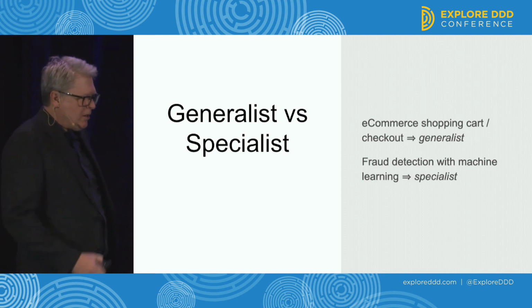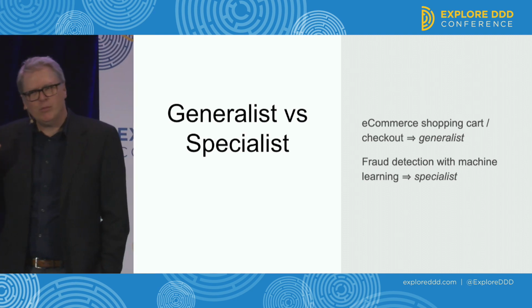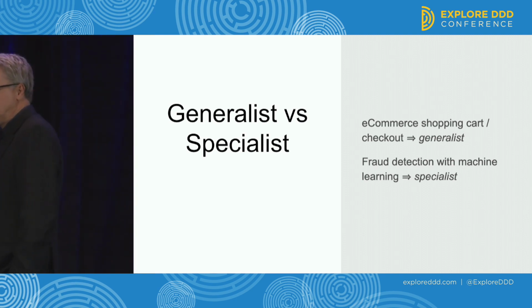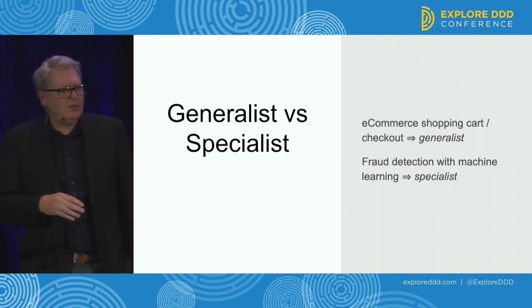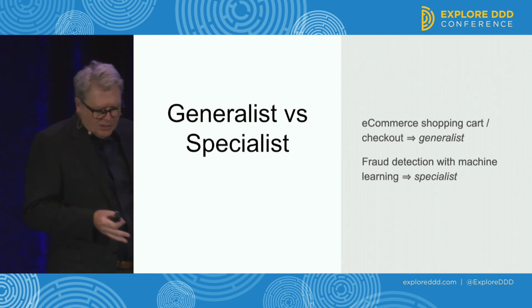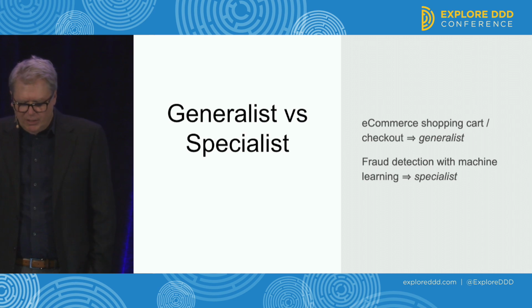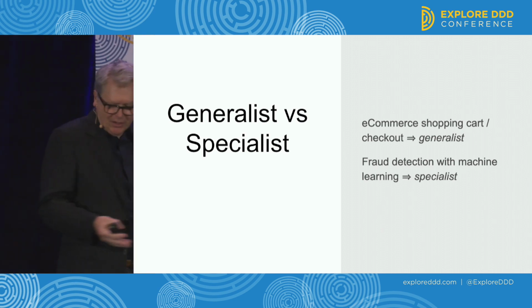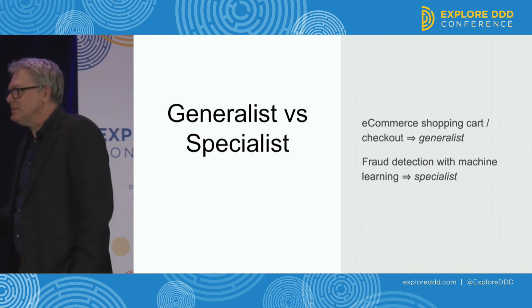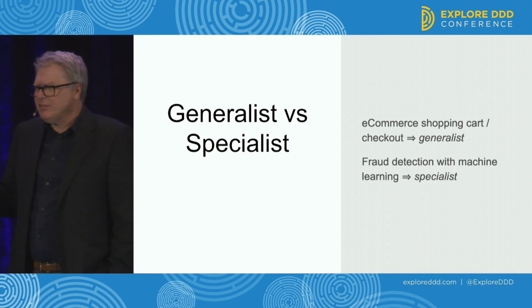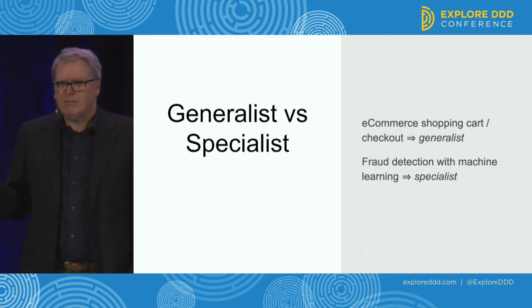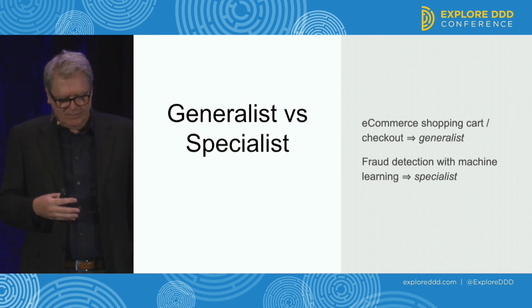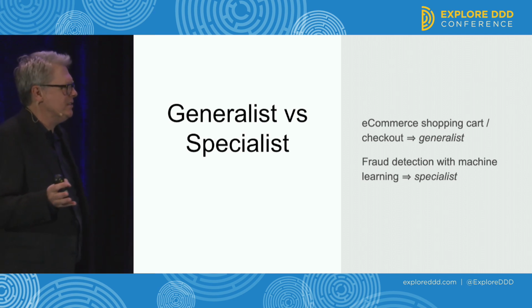You could describe contexts in terms of whether they're more generalist or specialist. I think this one could be quite useful. Sometimes, the example I put up here, an e-commerce system with a shopping cart and checkout and a whole bunch of other stuff, it's all very generic. All generalist stuff.